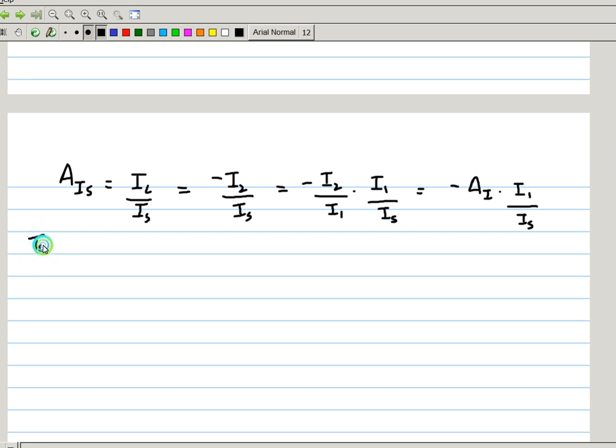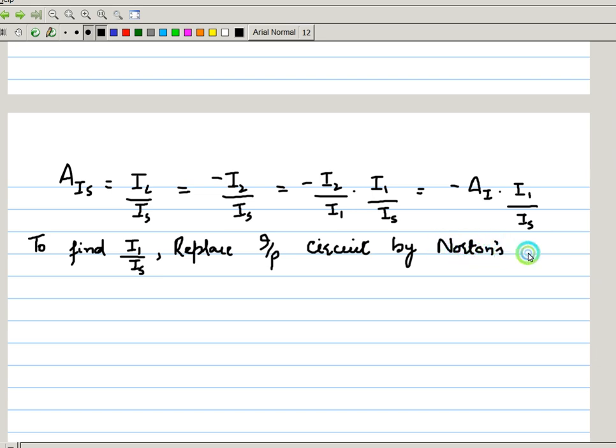So we'll write that in order to find I1 by Is, replace the input circuit by Norton's equivalent.